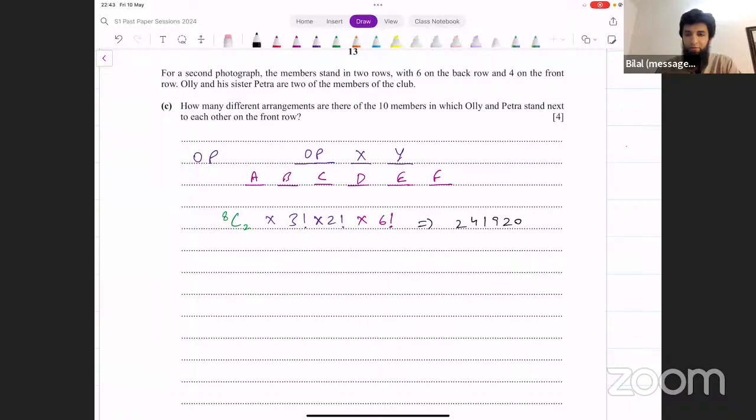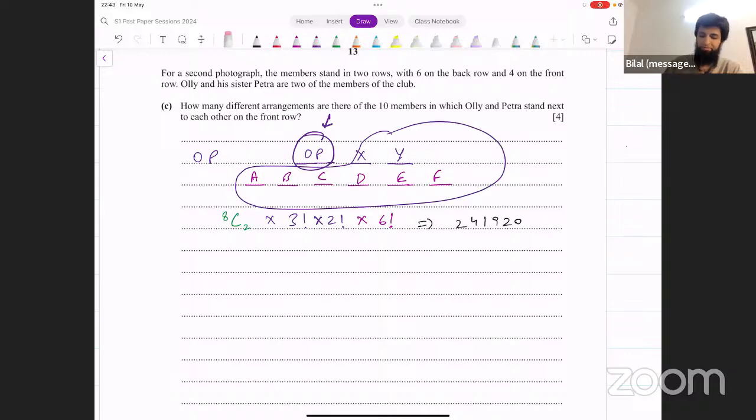Why can't we do 8 factorial? Okay, so you are saying if we know that 2 people here are going to be O and P, then why can't we just do 8 factorial for the remaining people?